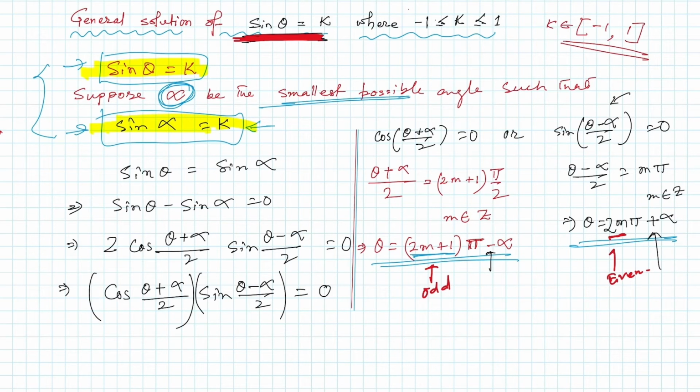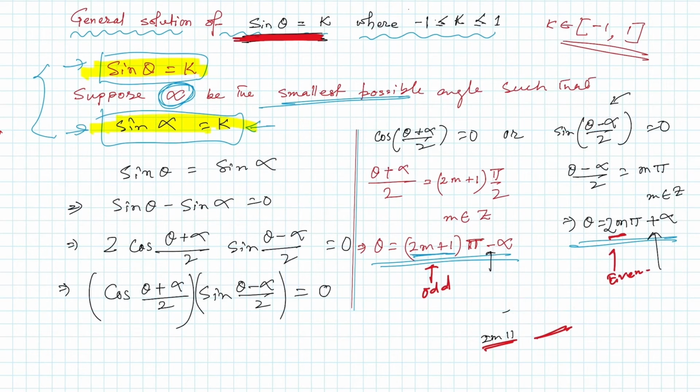So when it is an odd multiple of pi, we have got minus alpha, and when it is an even multiple of pi, we have got plus alpha.